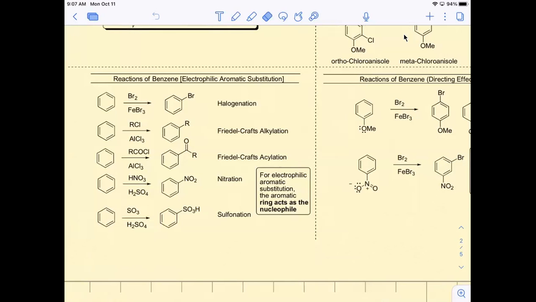All right, so today we're going to start talking about electrophilic aromatic substitution.